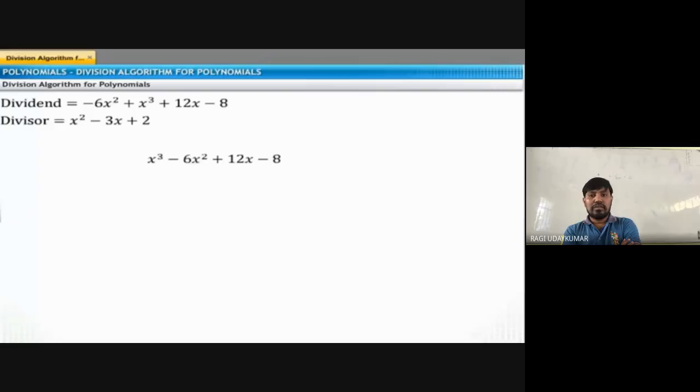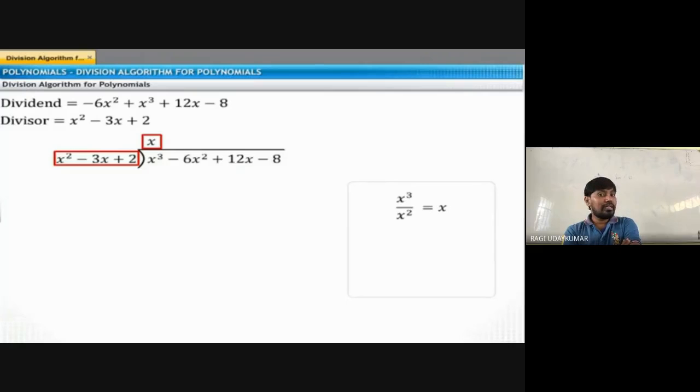So when you divide a cubic polynomial by a quadratic polynomial, the division process is, first, the first term of the dividend should be divided by the first term of the divisor, and whatever you get, x, you have to write there, and then multiply x with the divisor. Whatever product you get, that should be written down: x cube minus 3x square.